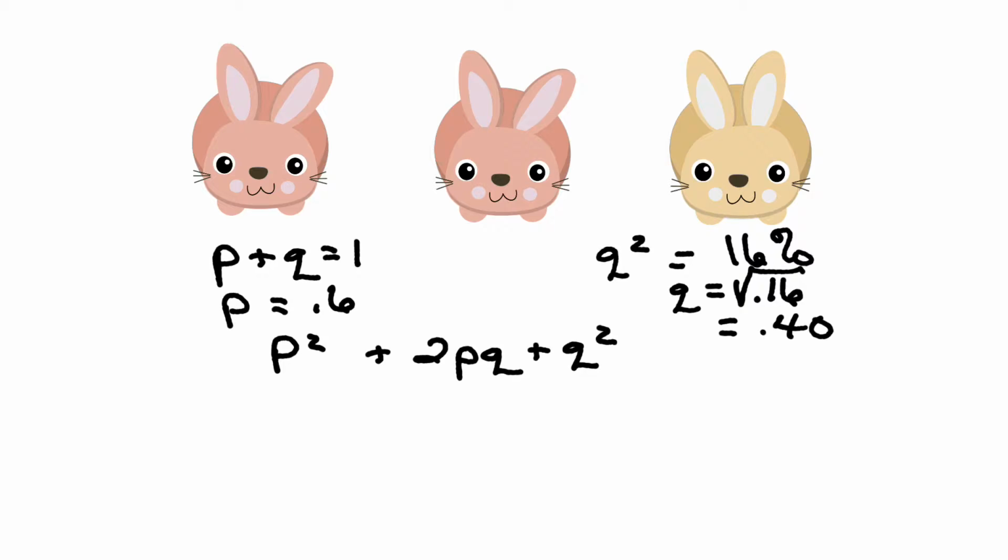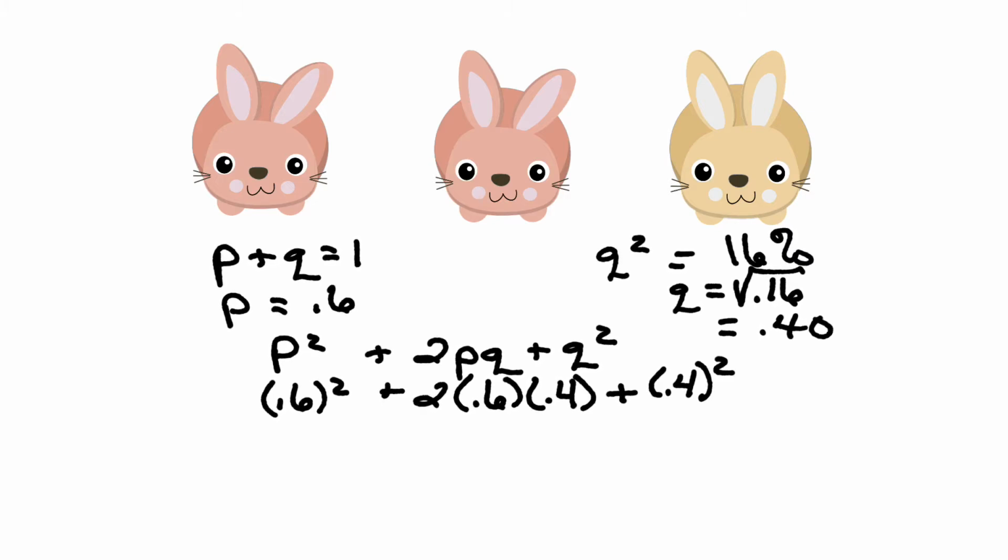P squared is going to be 0.6 squared. 2PQ is going to be 2 times 0.6 times 0.4, and then Q squared, we already know what Q squared is, right? It's 0.16, but we'll just do this just to make sure that we're following our equation.